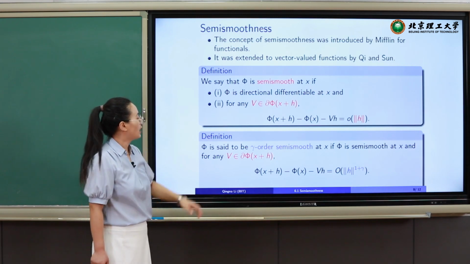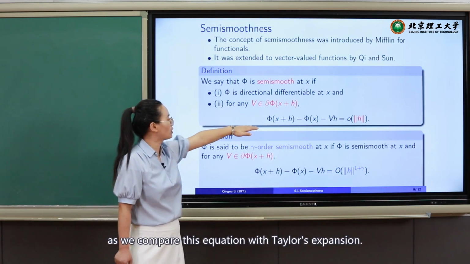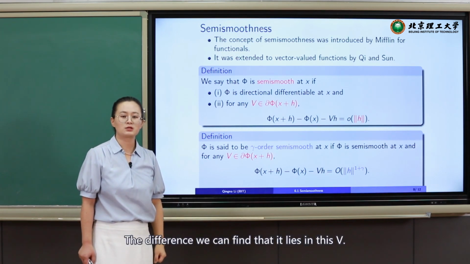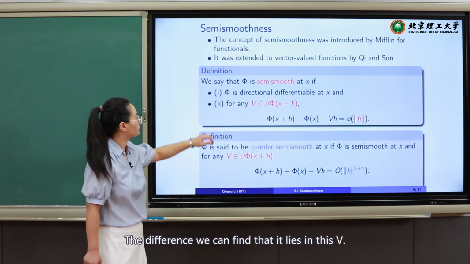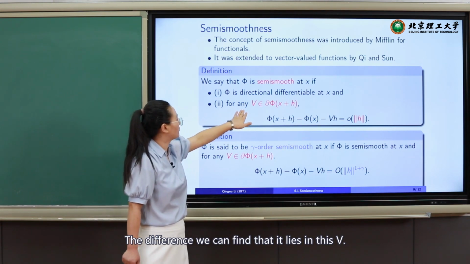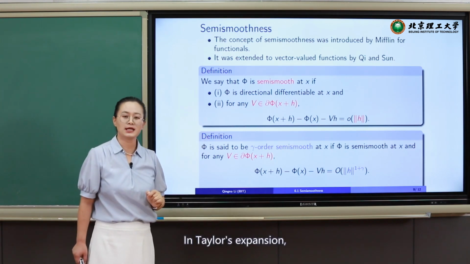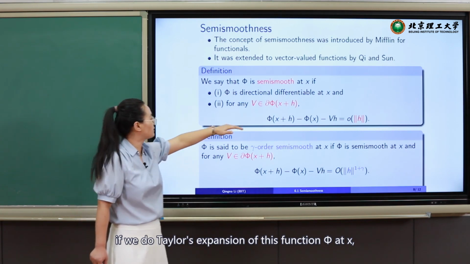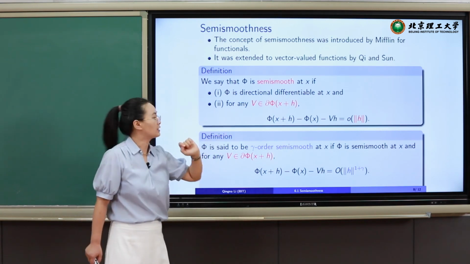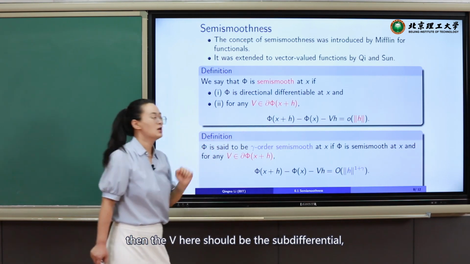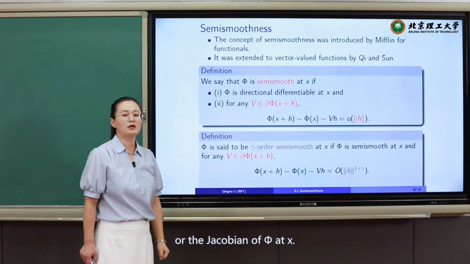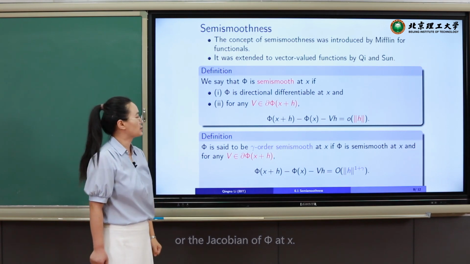In fact, comparing this equation with Taylor's expansion, the difference lies in this V. In Taylor's expansion of phi at x, the V should be the Jacobian of phi at x.